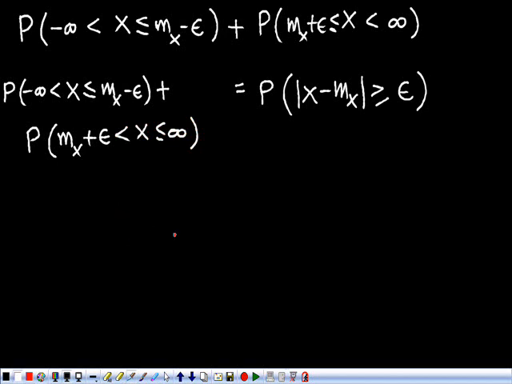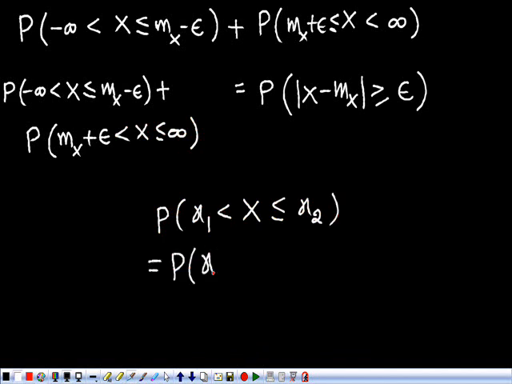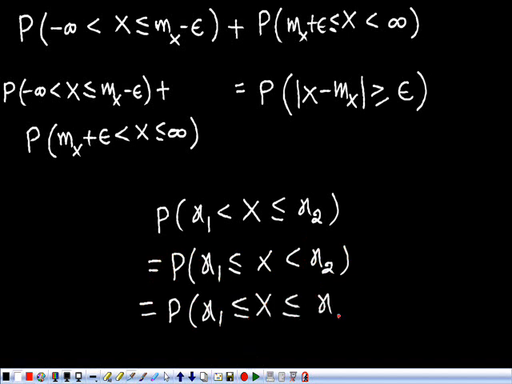Otherwise, see, the probability of x1 less than x less than or equivalent to x2 is equivalent to probability of x1 less than or equivalent to x less than x2, which is equivalent to probability of x1 less than or equivalent to x less than or equivalent to x2.